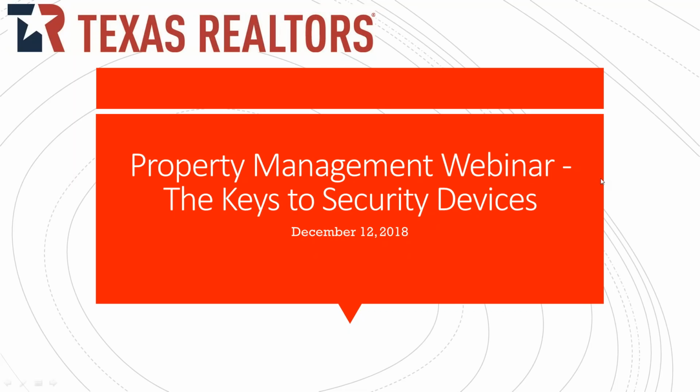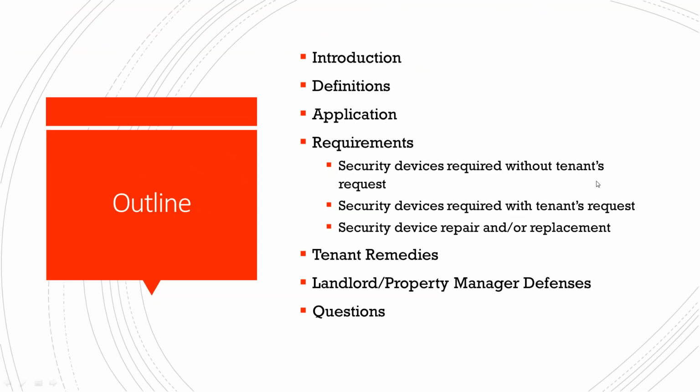So let's get started here. First, an outline, a roadmap of what we'll be talking about today. So I want to do a brief introduction. Then we'll hit some of the definitions that are important when understanding security devices. We'll talk about application, what properties this applies to, what properties it does not apply to.